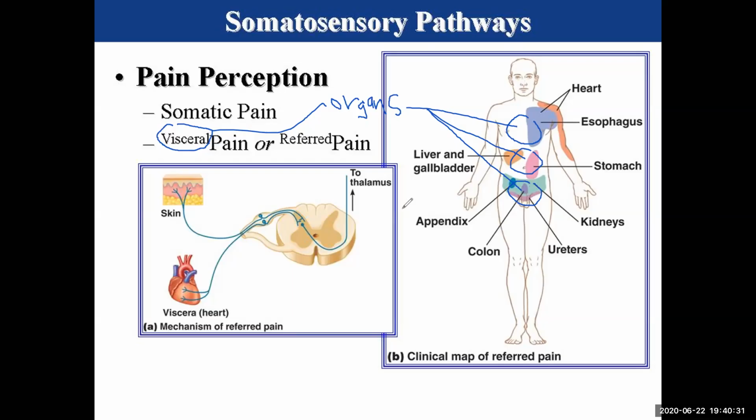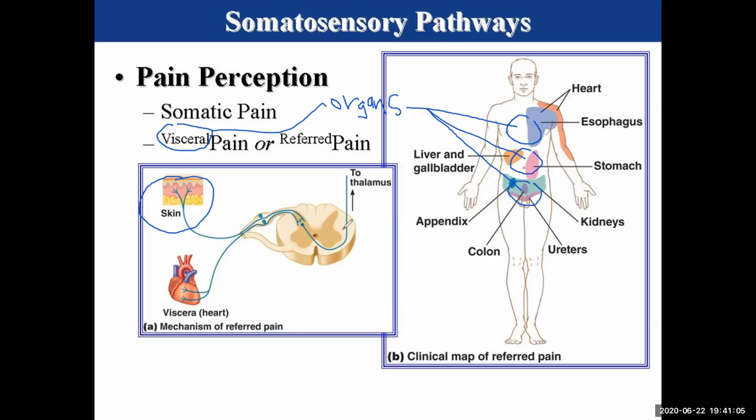Unfortunately, so here, this is an example. The first order neuron is unique to the heart, but the information coming from the heart does not have an exclusive second order neuron. It shares the second order neuron, which actually belongs to the skin. And that skin happens to be on the area of your left pinky, right? So when the heart is compromised, it's going to activate the second order neuron.